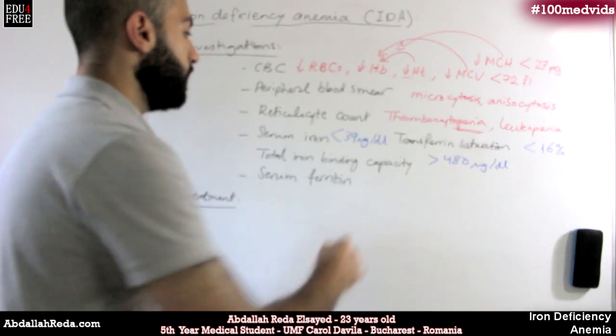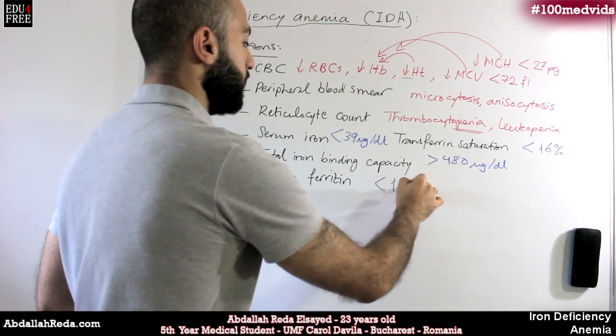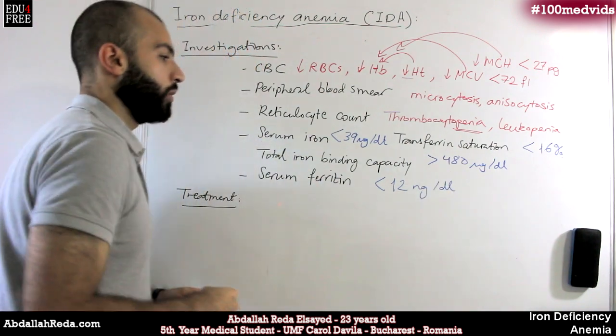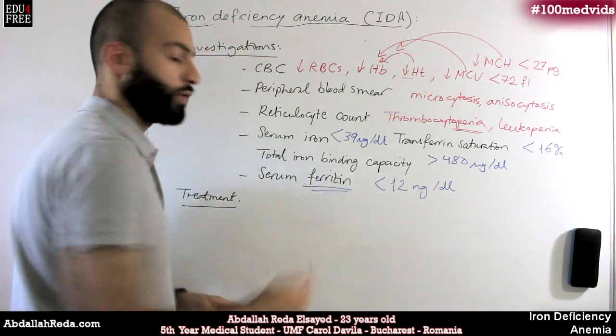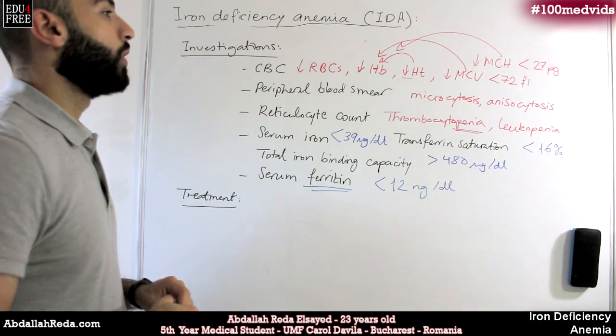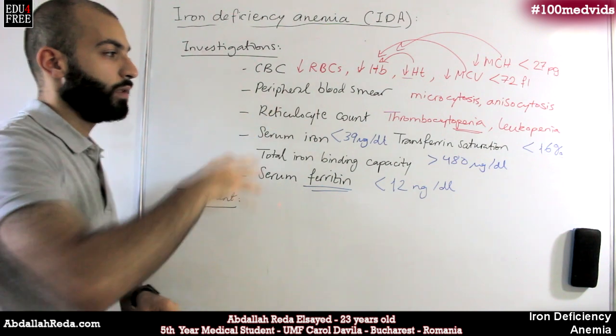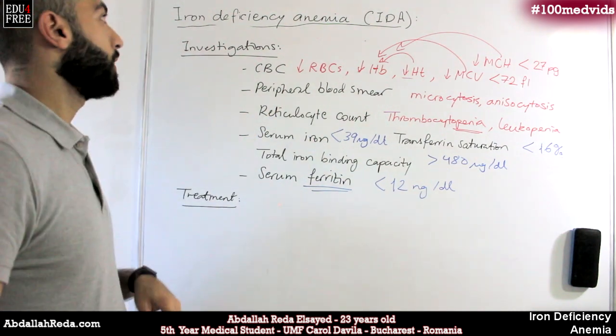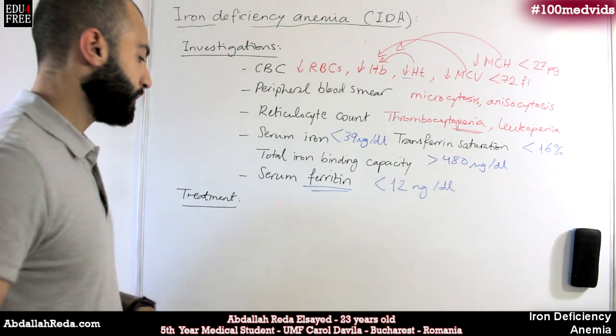Serum ferritin would be less than 12 nanograms per deciliter. So this is where the iron is stored, and we would also have low values for that. So these lab tests and investigations would confirm the diagnosis of iron deficiency anemia to us.